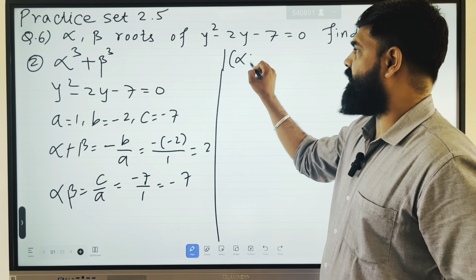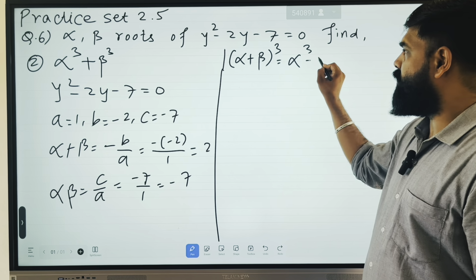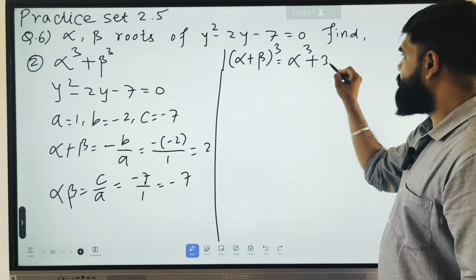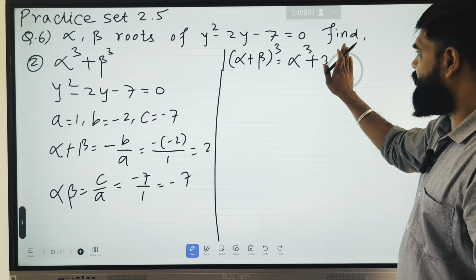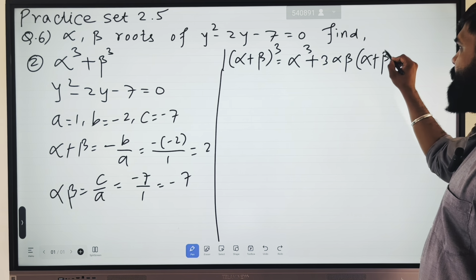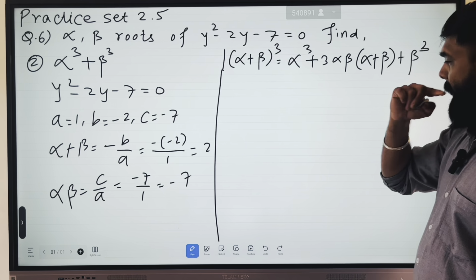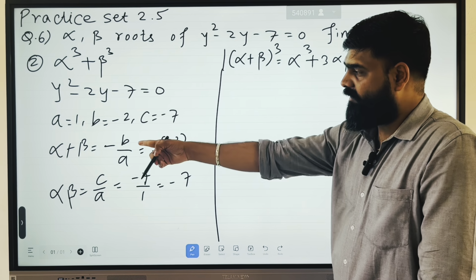So the formula is alpha plus beta whole cube, that will be alpha cube plus beta cube plus 3 alpha beta in bracket alpha plus beta.